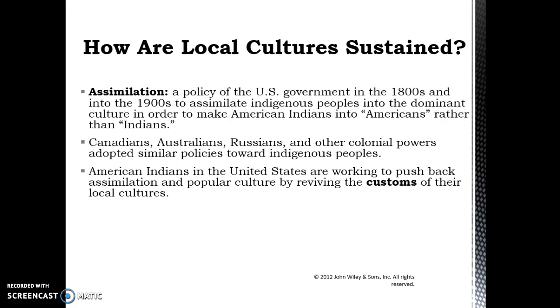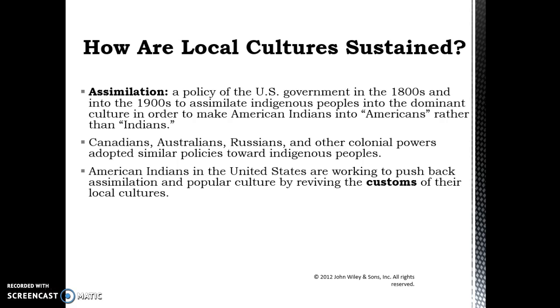So for speaking their indigenous language or for engaging in behaviors that were appropriate in Native American communities but were considered backwards or wrong when we look at white communities. Okay, so that's forced assimilation.